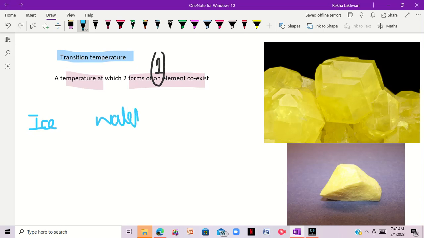Basically, when we melt ice, there's a temperature at which the ice also exists and the water also exists. That temperature is known as 0 degree, right?